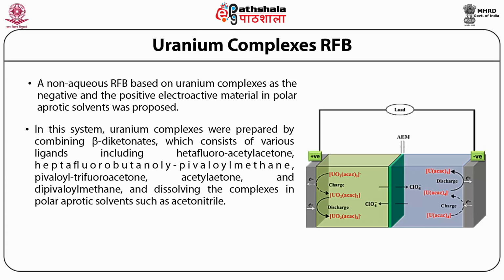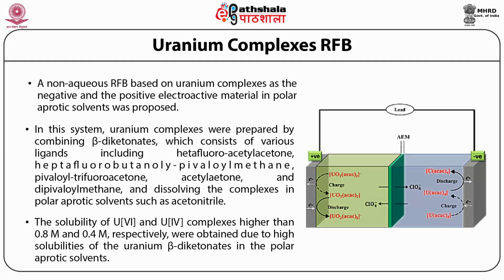In this system, uranium complexes were prepared by combining beta diketonates, which consist of various ligands including heptafluoroacetylacetone, heptafluorobutanol, pivaloyl trifluoroacetone, acetylacetone, and dipivaloylmethane, and dissolving the complexes in polar aprotic solvents such as acetonitrile.